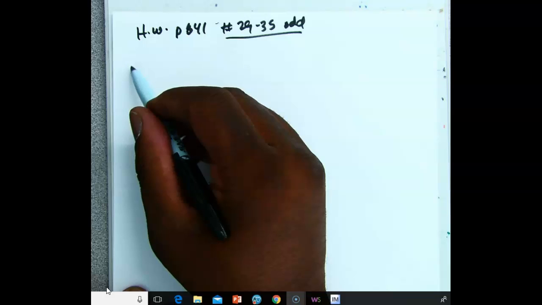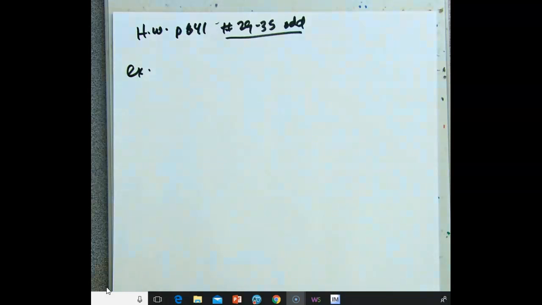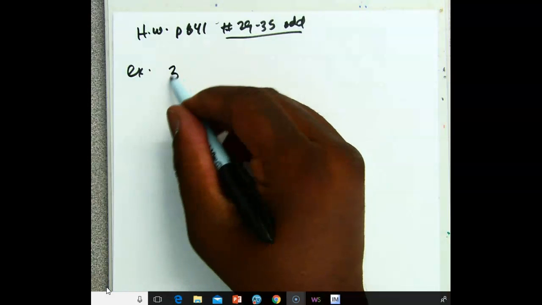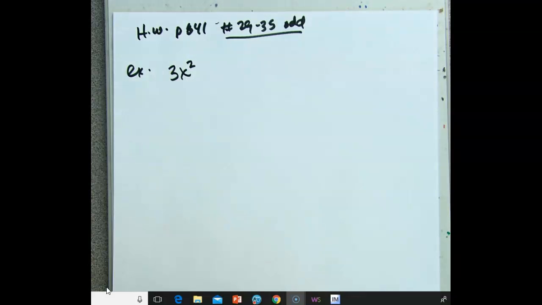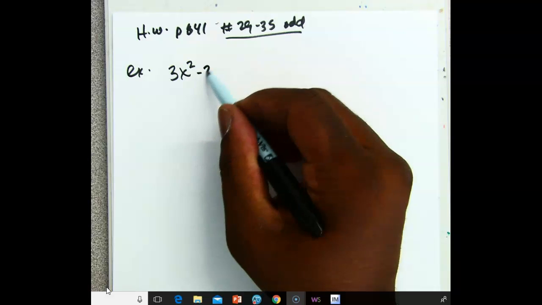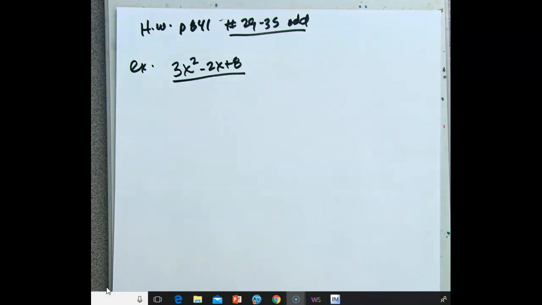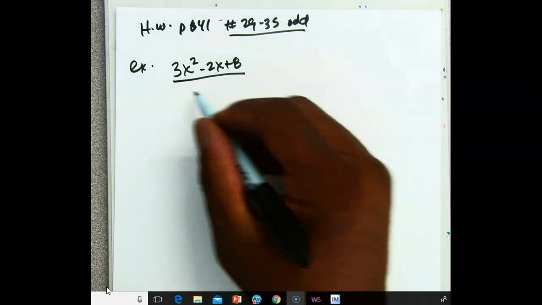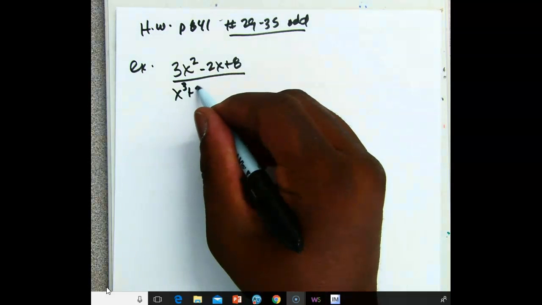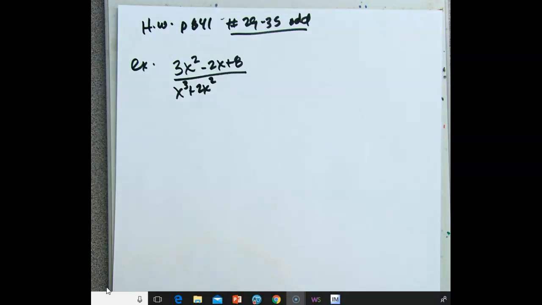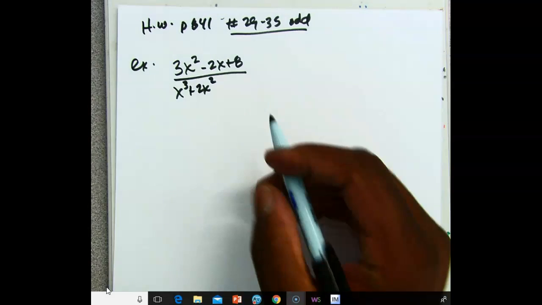All right, so we're going to take a look at one example. 3x squared minus 2x plus 8 divided by x cubed plus 2x squared plus 4x plus 8.